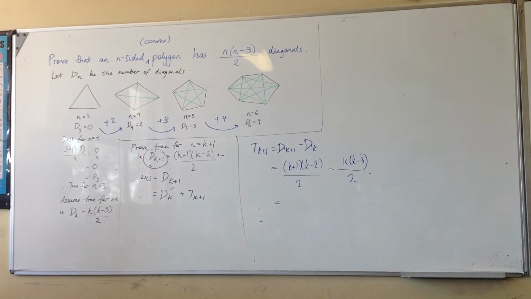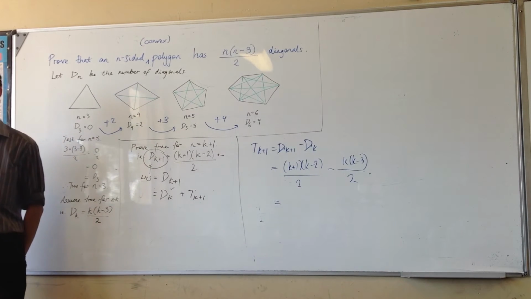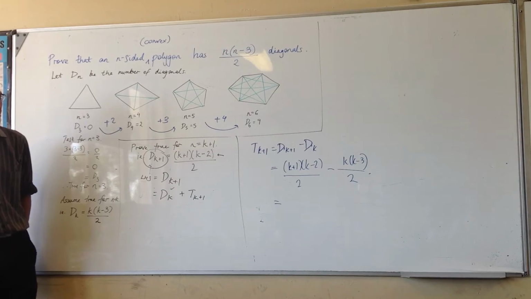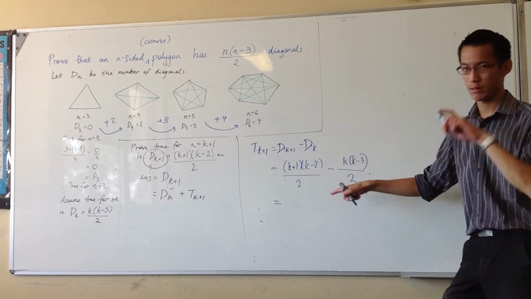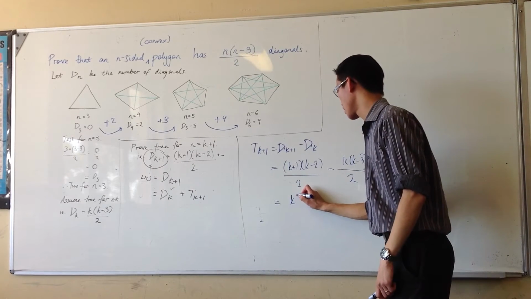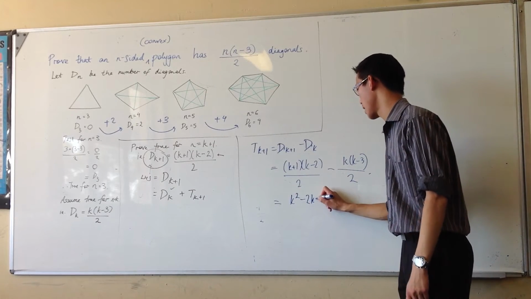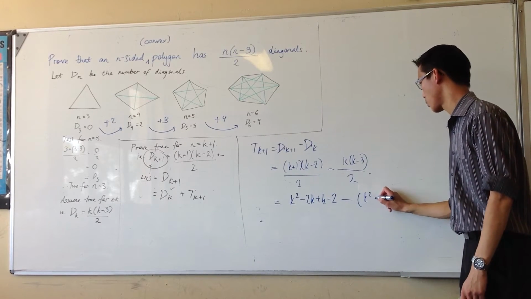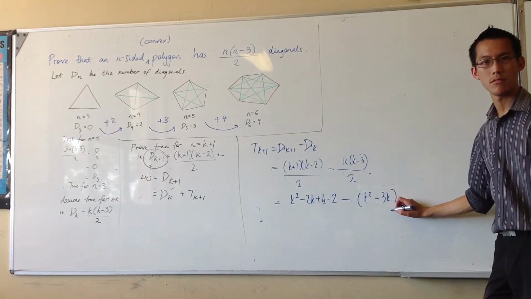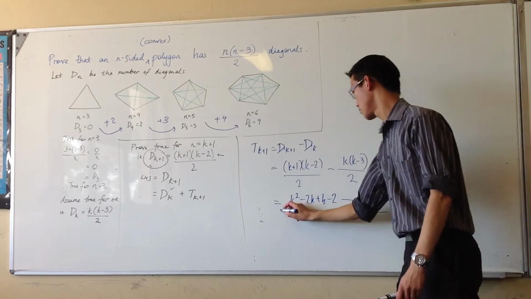You have 2k minus 2. Because what have I got here? k squared minus 2k plus k minus 2, minus k squared minus 3k, all on 2.